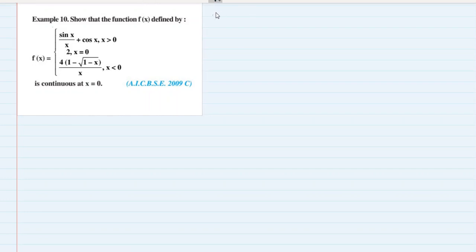So let's first find LHL is equal to limit when x tends to 0 minus of f of x, which is limit of x tends to 0 minus of sine x. Hey, x is smaller than 0, right? So we have to take another formula.